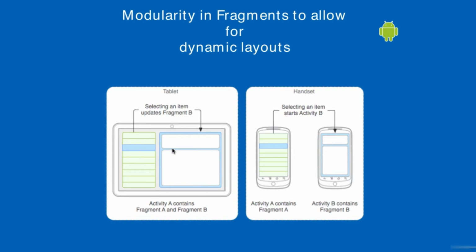So let's look at this example. If there's a lot of space on the screen, I can have one activity, and on that activity I can have two fragments: a list view fragment and a detail view fragment. I can click on an item in the list view, and on the second fragment I can show the details, but it's still on the same activity. On this side, because we do not have enough screen real estate, we will show the list view.